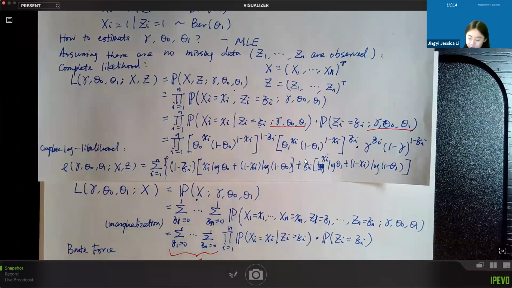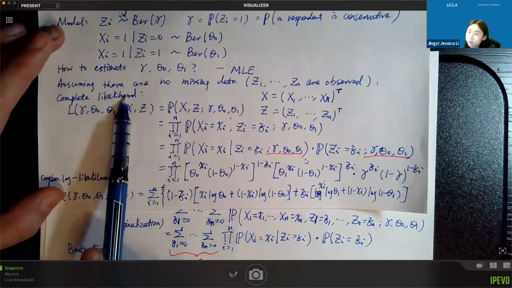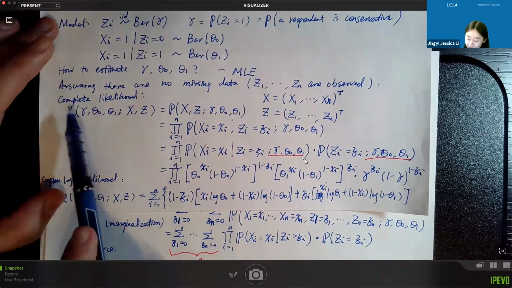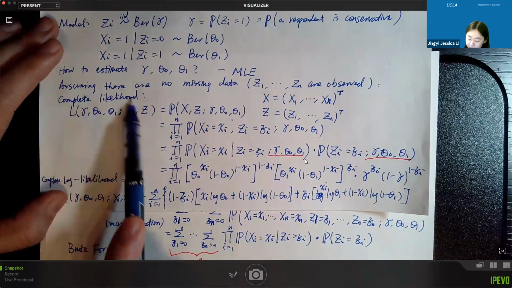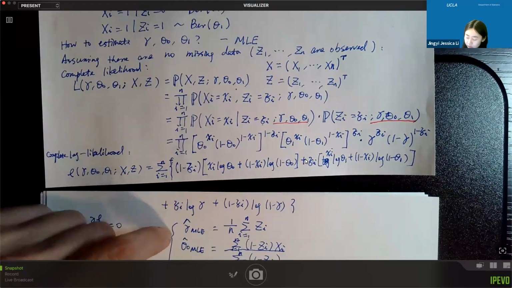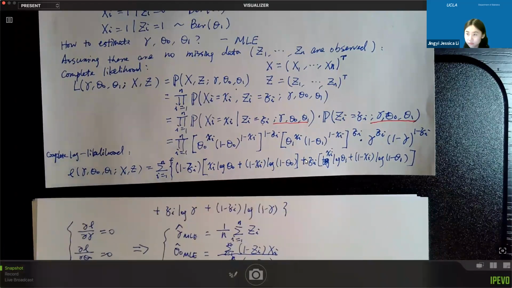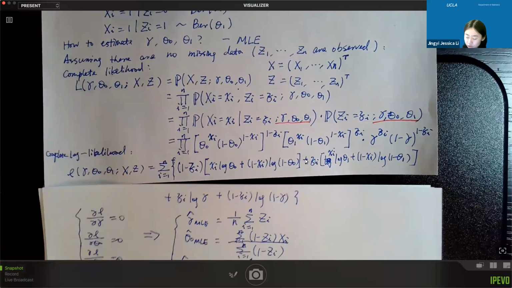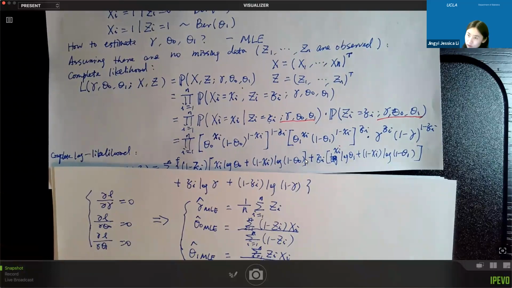Instead of using the brute force approach to maximize the likelihood based on our observed data, we want to utilize the complete likelihood to make this optimization problem easier. Because if we have the complete likelihood, maximizing it to get the MLE is computationally very simple. We just need to compute those three formulas, and we're done, right? So we hope we can use this in our optimization of the likelihood in some smart way.